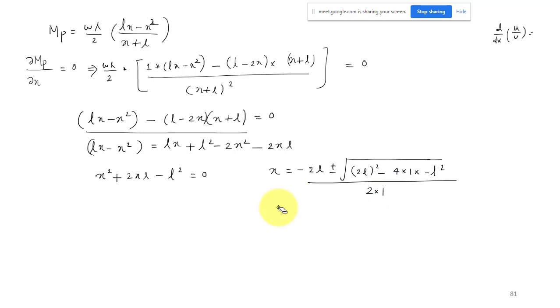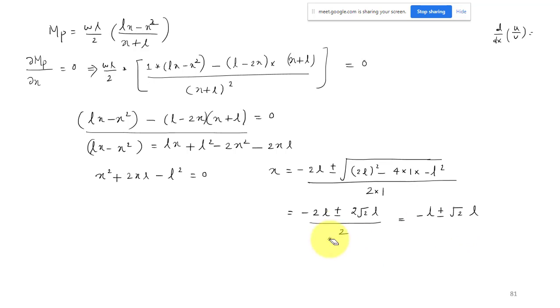So this is equal to minus 2L plus or minus square root of 4L square plus 4L square, so square root of 8L square, that means 2 root 2 L, by 2. Which is equal to minus L plus or minus root 2 L.